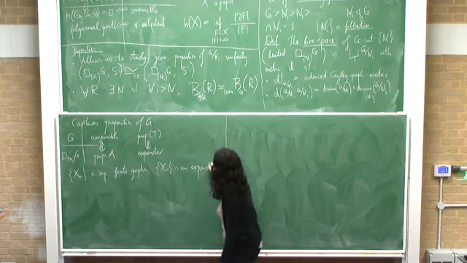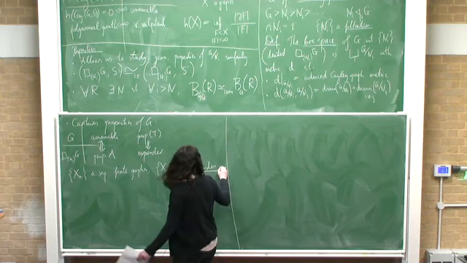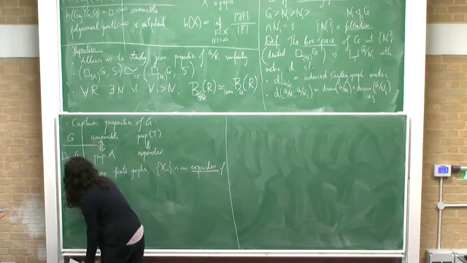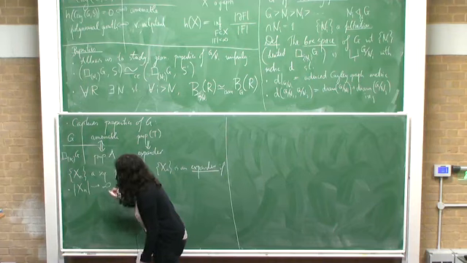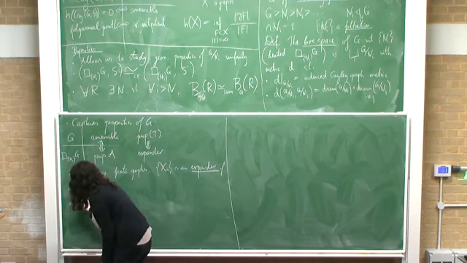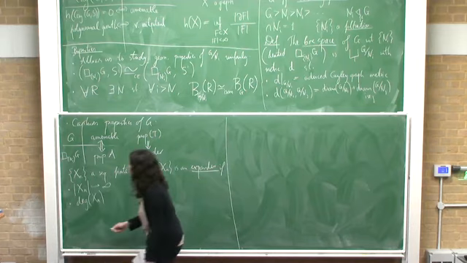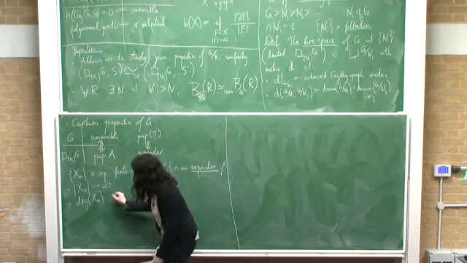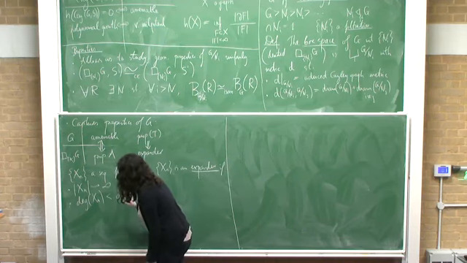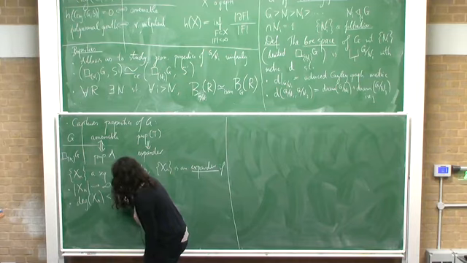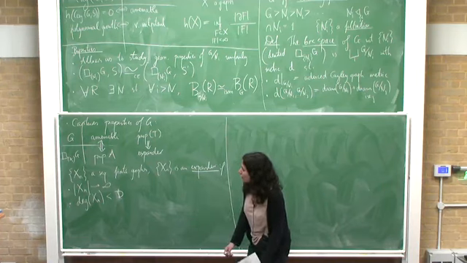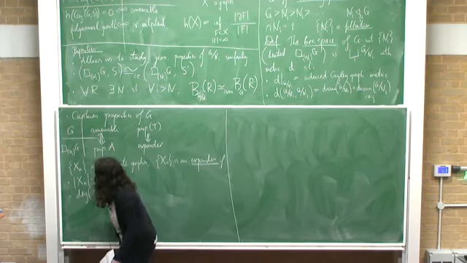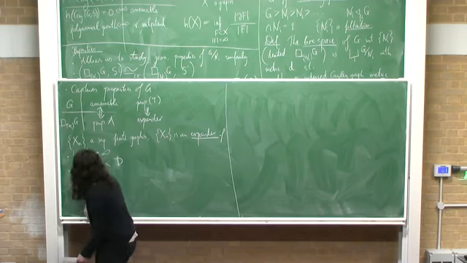We say that the sequence is an expander if the sizes of the graphs, so the number of vertices, go to infinity, the degree of the graphs is uniformly bounded across the sequence, some D, so they're all of bounded degree, and finally the Cheeger constant.